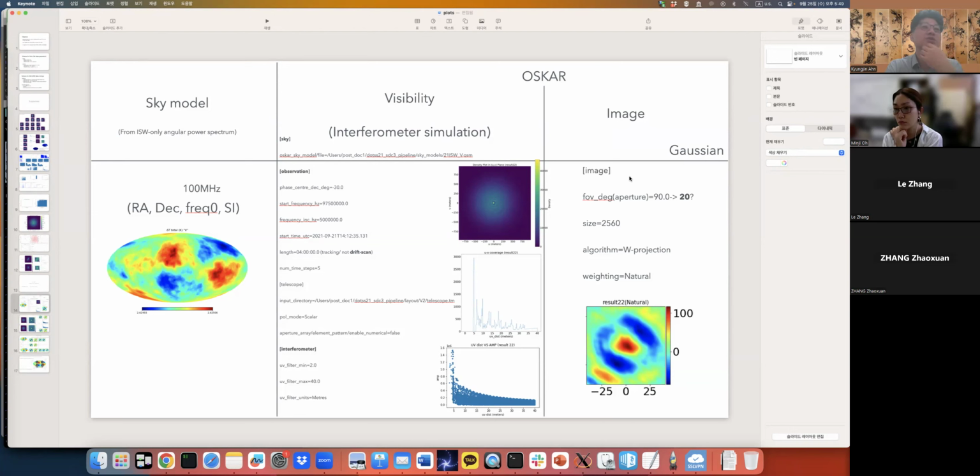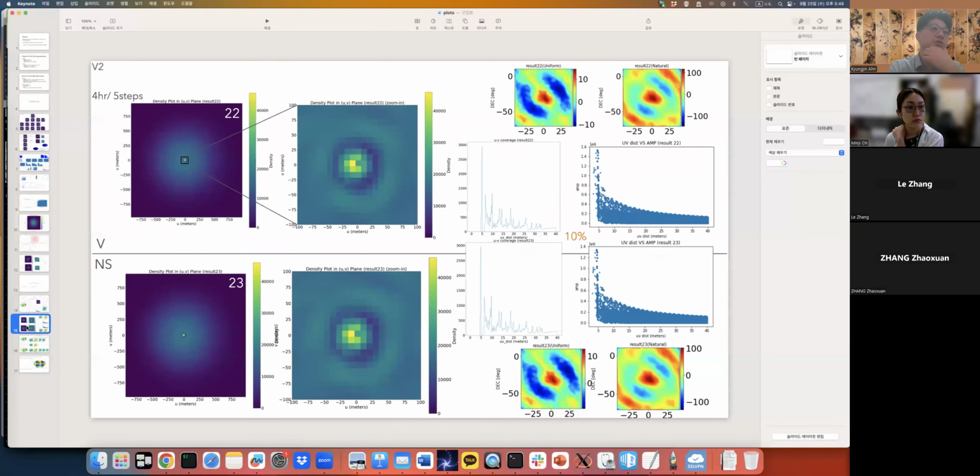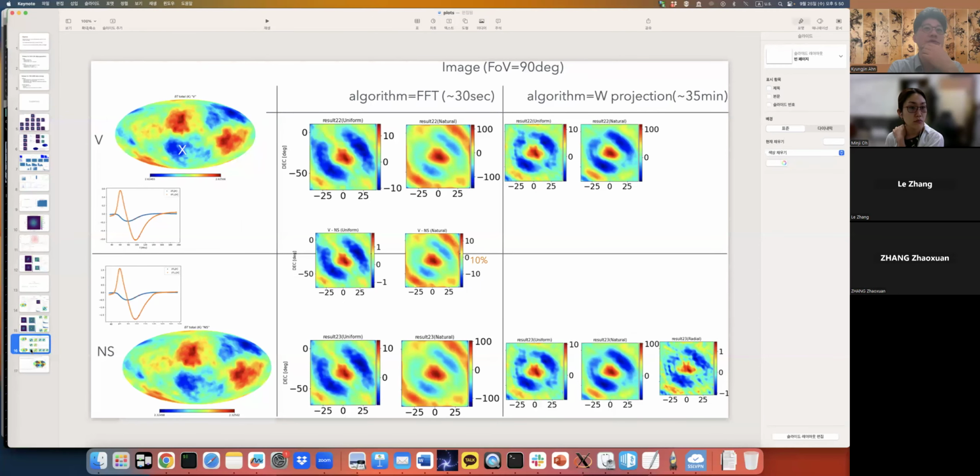So the one other thing we want to show, before the visibility, let's go to the third one. Here on the upper panel you have the vanilla case.